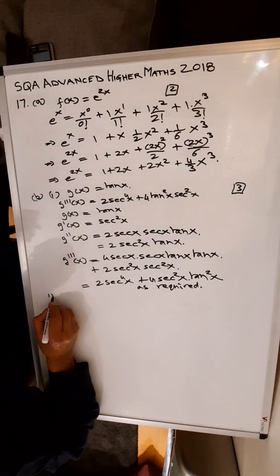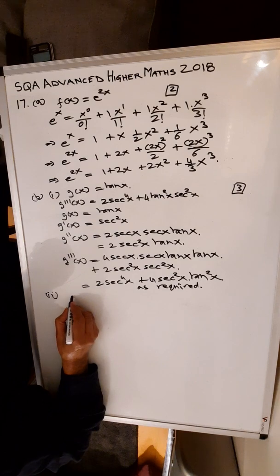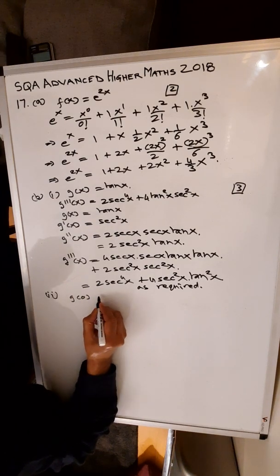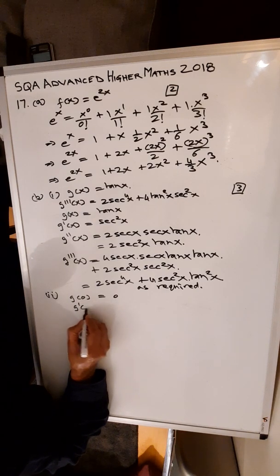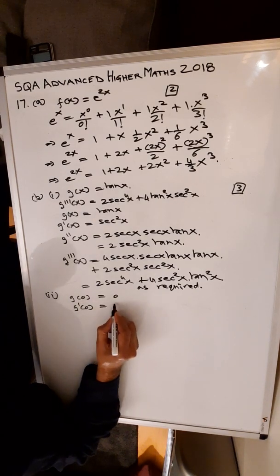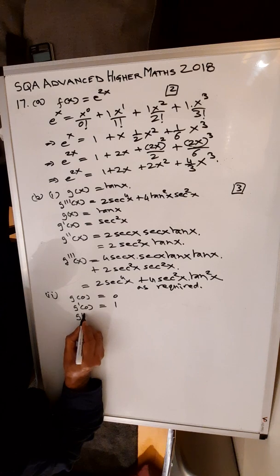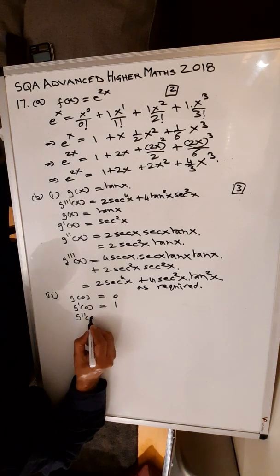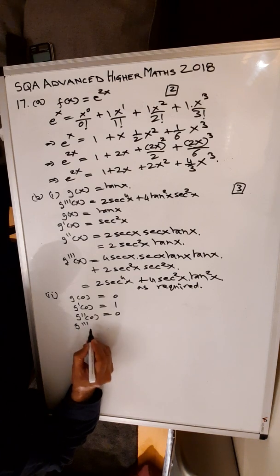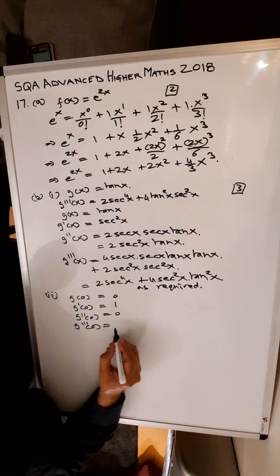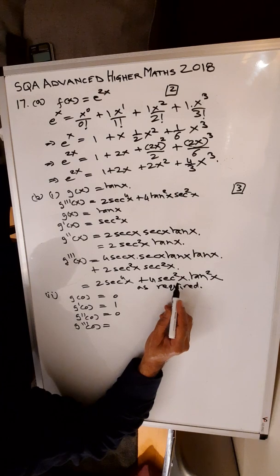Okay, this is the second part. So g of 0 is equal to 0. g dashed of 0 is equal to 1. g double dashed of 0 is equal to 0 again. And g triple dashed of 0 is equal to 2.